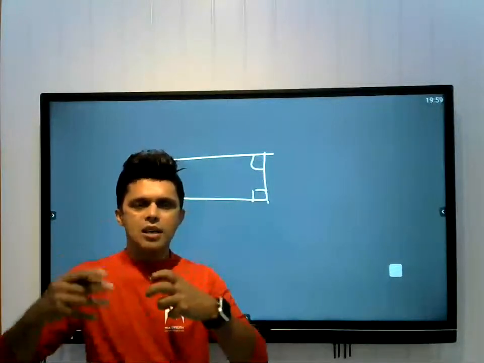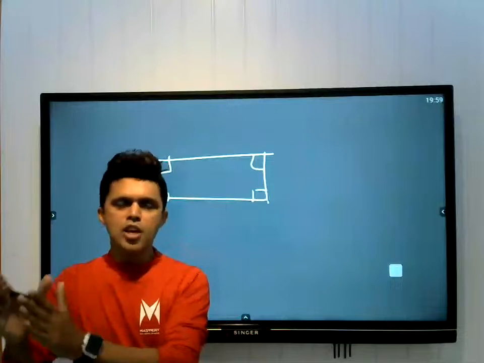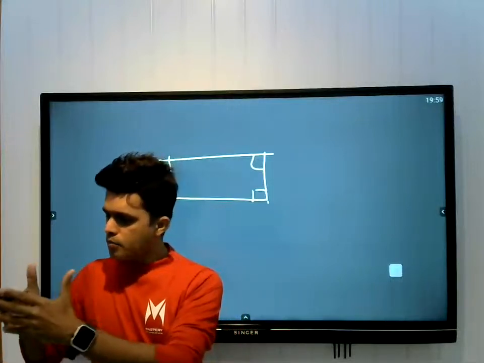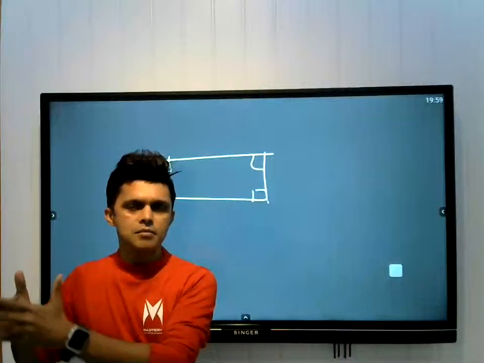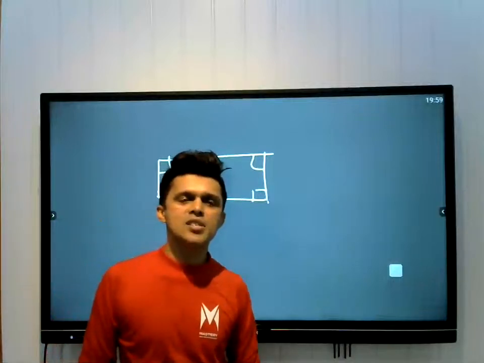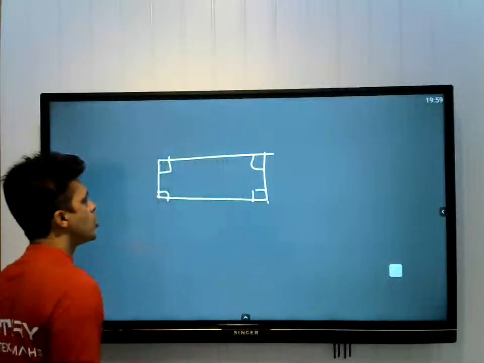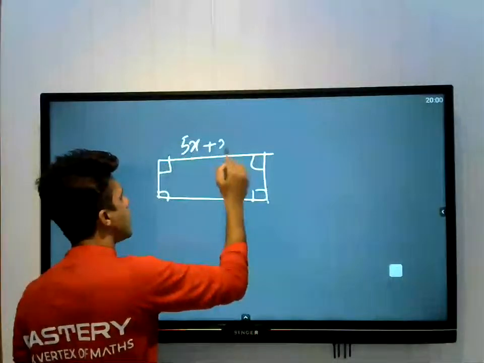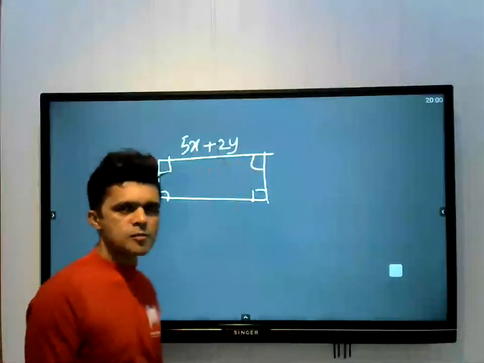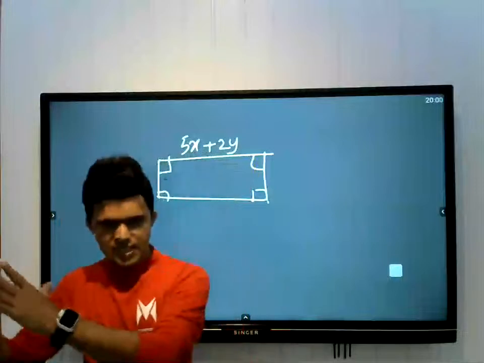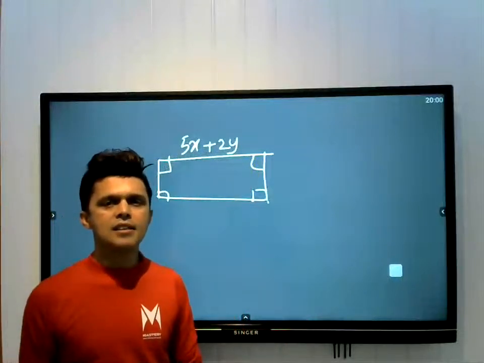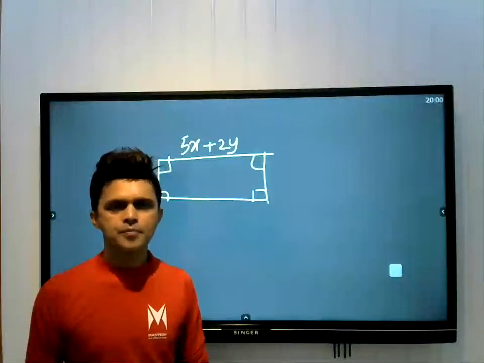I will not be giving you a question, but you will be able to see a question in this sense. It has given that the length is 5x plus 2y.